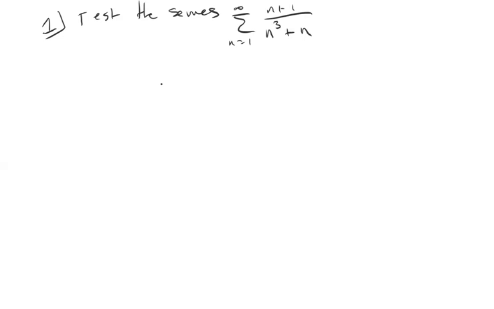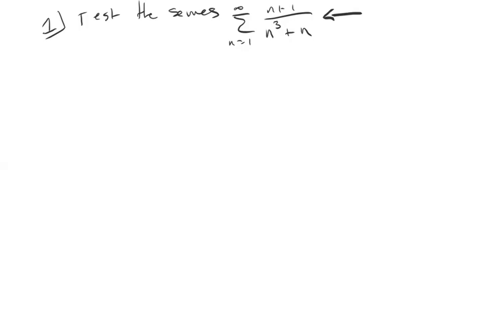Okay. So there's a few ways we can go about this one, but the easiest thing to do generally with rational functions like this is some sort of comparison test.